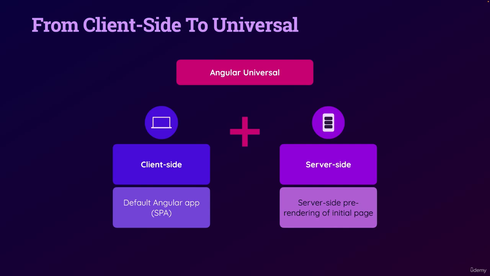But it's really just this first initial page load. Subsequent navigations on the page and so on will still be handled by Angular on the client side. So you still have that single page application, just with this extra optimization for the first page load.